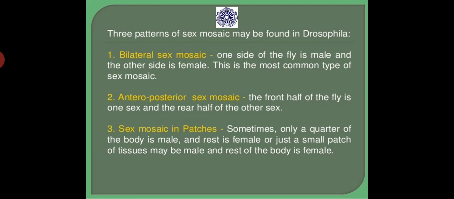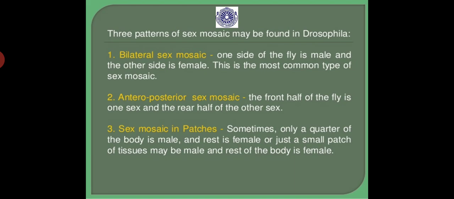The second type is antero-posterior sex mosaic, wherein the front half of the fly is one sex and the rear half the other sex. The anterior part will be female and the posterior part male, or vice versa. Then sex mosaic in patches.